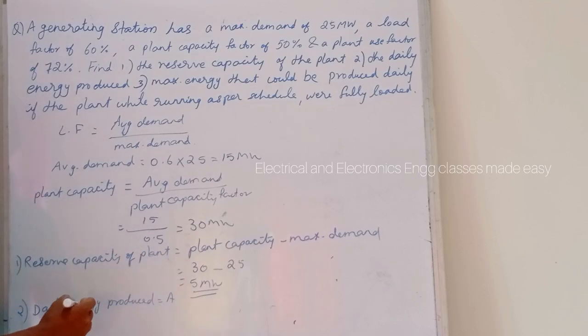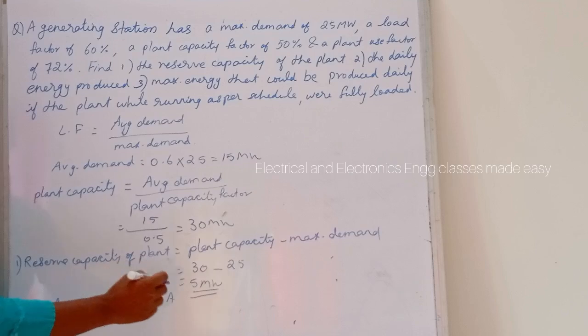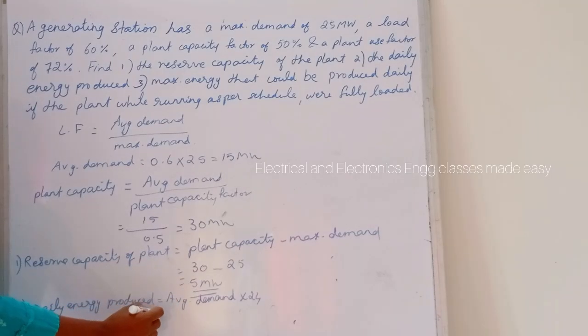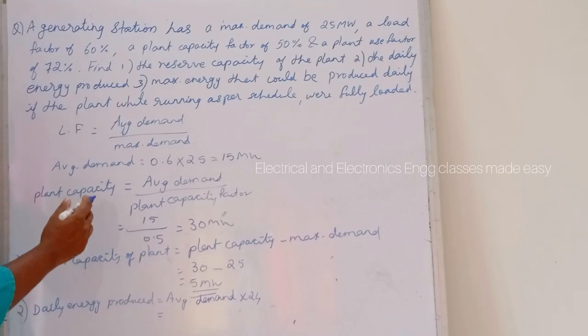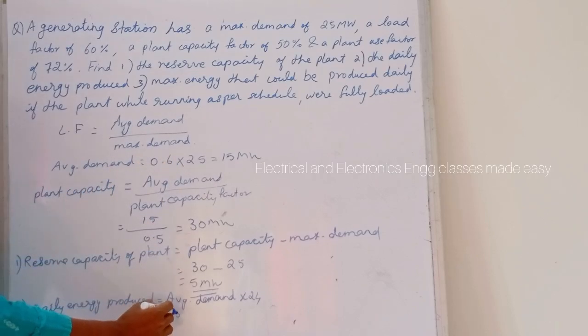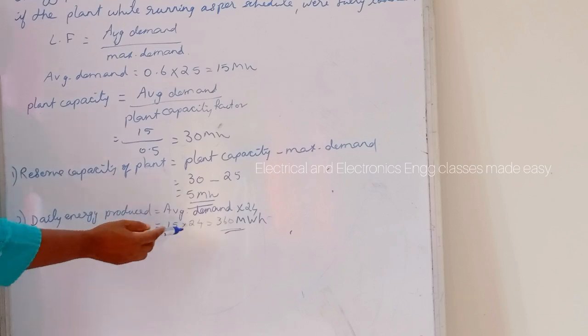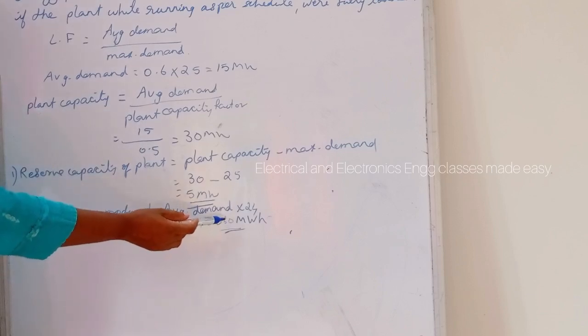This is daily, so average demand into 24. Here average demand is 15, so 15 into 24 is equal to 360 megawatt hour. So daily energy produced is 360 megawatt hour.